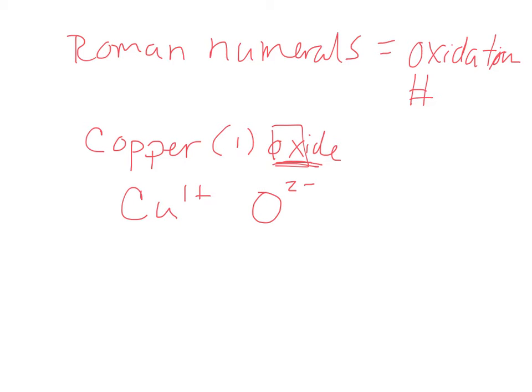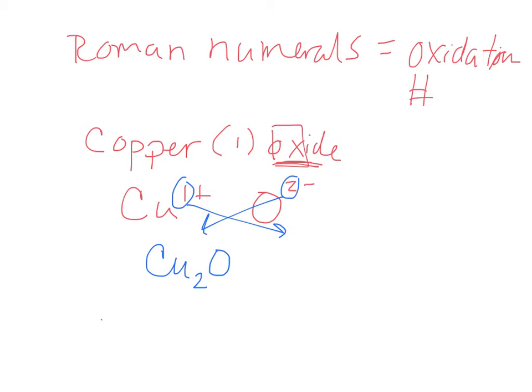So when we write the formula for copper 1 oxide, I take my 1 and cross it here, and I take my 2 and cross it there, so that I would get Cu2O. Remember, this would be a 1 here, and we're not going to write that 1. And so it's very simple.